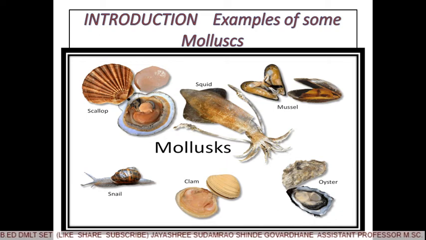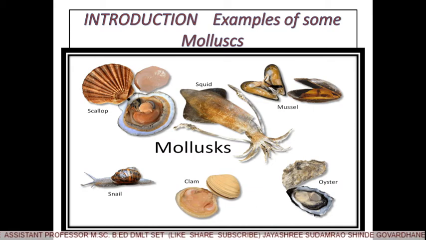Now the function or importance of shells to mollusks. From the taxonomic point of view, each species shows a peculiar shape and marking of shell, which acts as an identification mark of its species. From the shell only we can imagine which type of animal it is.